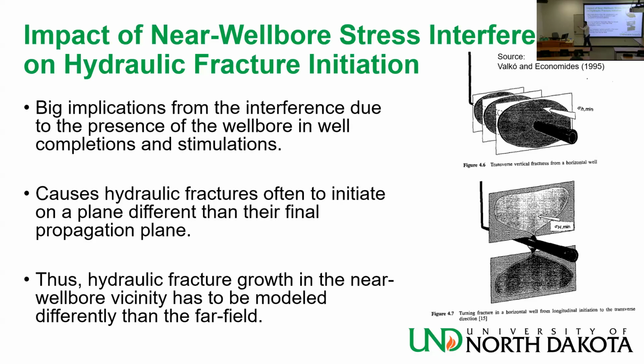And they had a beautiful schematic that used different color for each fluid, and it shows the communication. It was very bad. And it explains early screen outs and poor productivity of a stimulated well.